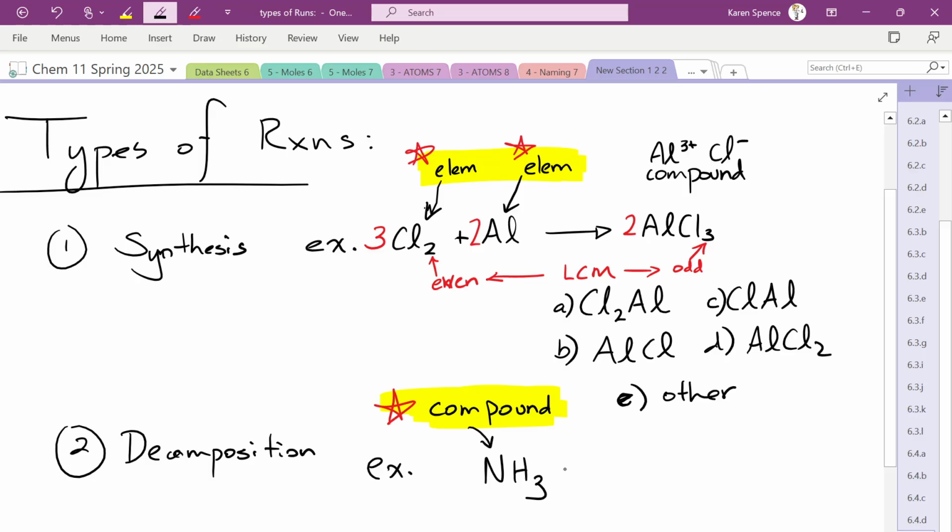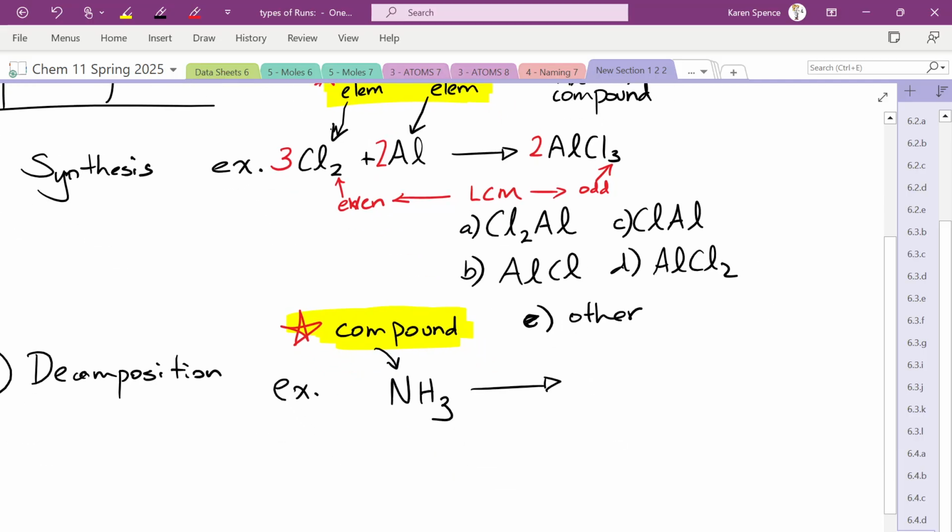And what do we do with decomposition? We just take the elements and we separate them. So you write them separately, then you have to check, are any of them diatomic?